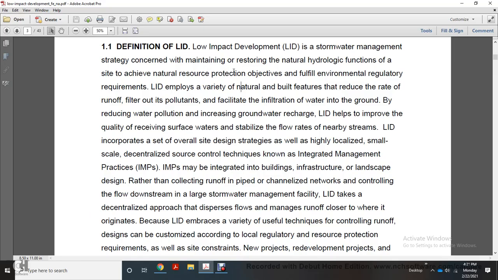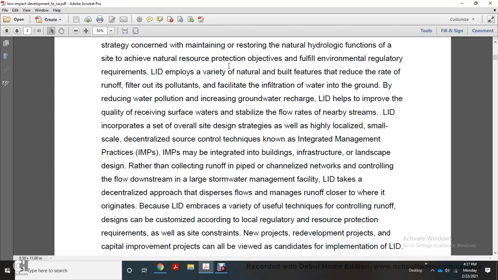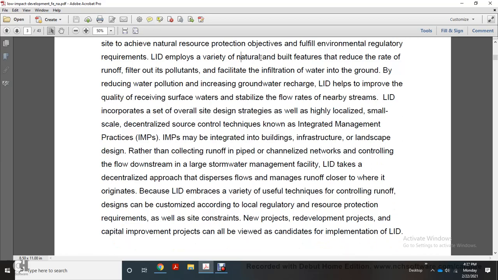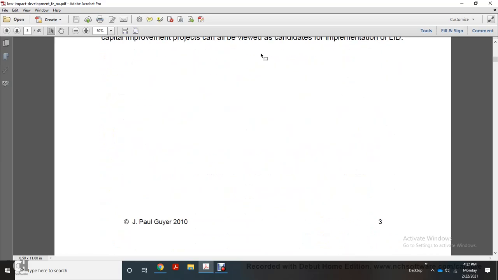It can be customized according to local regulatory and resource protection requirements as well as site constraints. New projects, redevelopment projects, and capital improvement projects can also be viewed as candidates for implementation of low impact development.